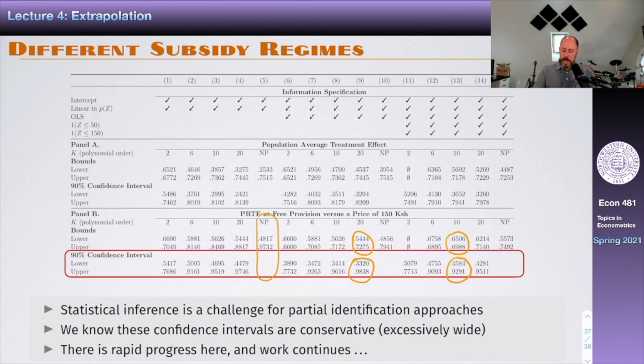And we know, because we know how they were developed, that these confidence intervals are conservative. They could be excessively wide, but that's what we know so far. And even though there are people working on this, this is still an area where we may have much better methods in a couple of years, but that's where we are today.